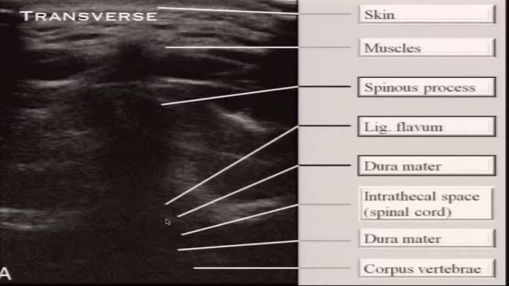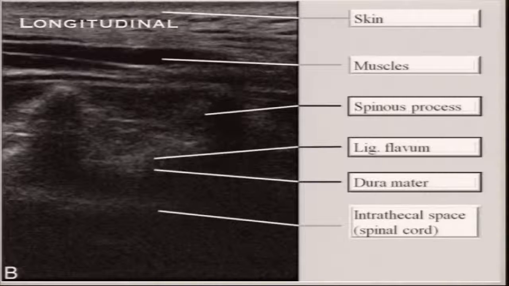Now, this posterior complex is made up of the dura and the ligamentum flavum. Sometimes you can appreciate them as separate structures, but not always. But the hyperechoic highlight that you'll observe of this posterior complex is the point that you want to measure to. So you can measure the angle from the skin to the posterior complex and the depth that the needle has to go.